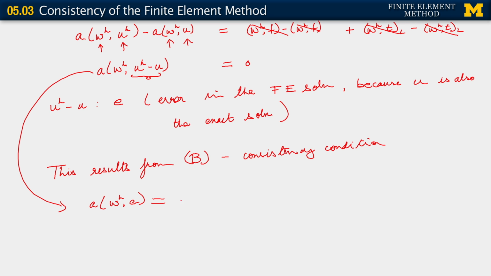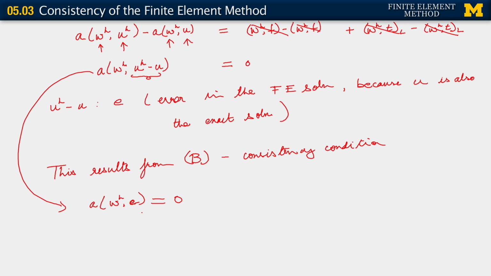equals 0. Now this bilinear form that we have, A, can be viewed as a mathematical generalization of the idea of taking a function, WH in this case, and projecting it along a different function, E in this case.